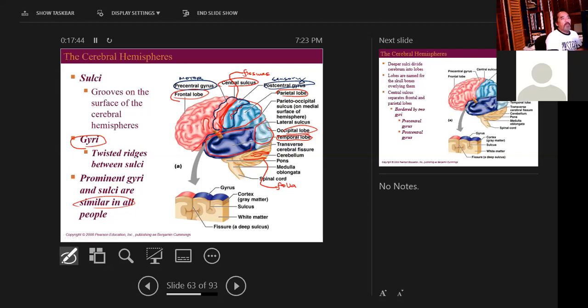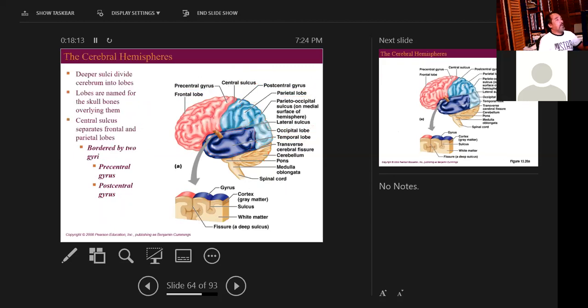Now, if somebody has a stroke that is killing the precentral gyrus and the postcentral gyrus, that's the reason we have hemiplegia, paralysis on one side of your body, because you're killing off those gyri that handle all of that movement and sensory, okay? So that's actually the consequence of a stroke, right?